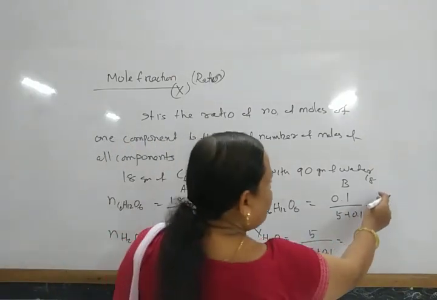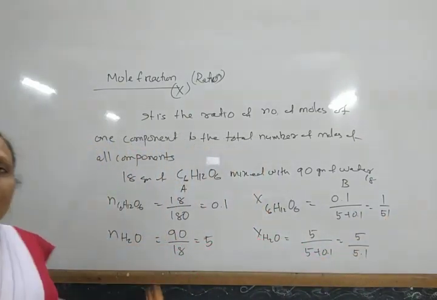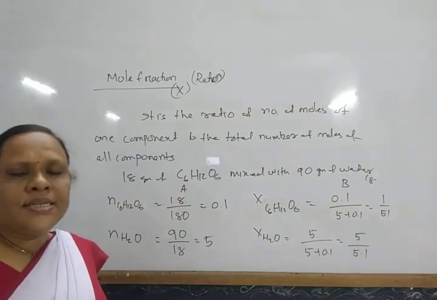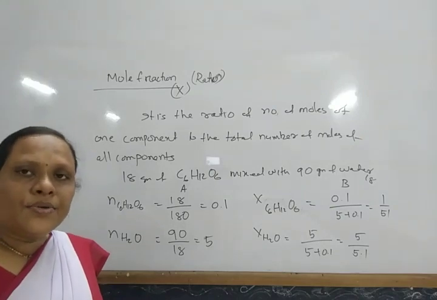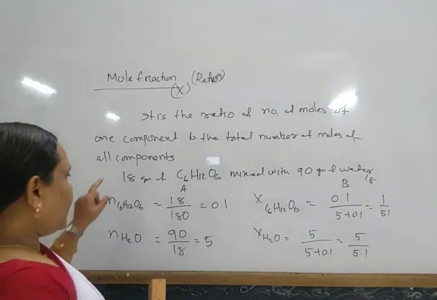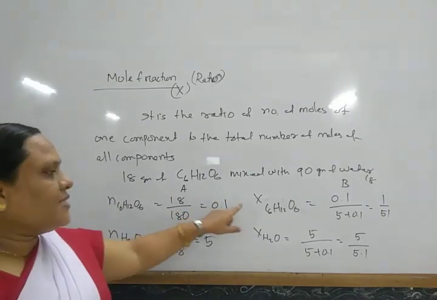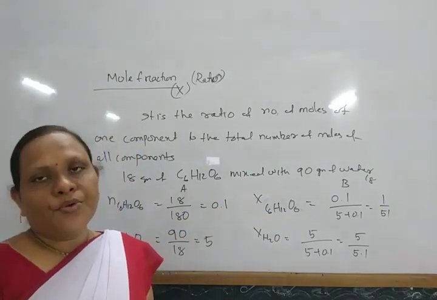So in this way you can find out the mole fraction. And if there are two components, then the sum of mole fractions of all components is equal to 1. That is XA plus XB equal to 1. Similarly, X of C6H12O6 plus X of H2O should be equal to 1.